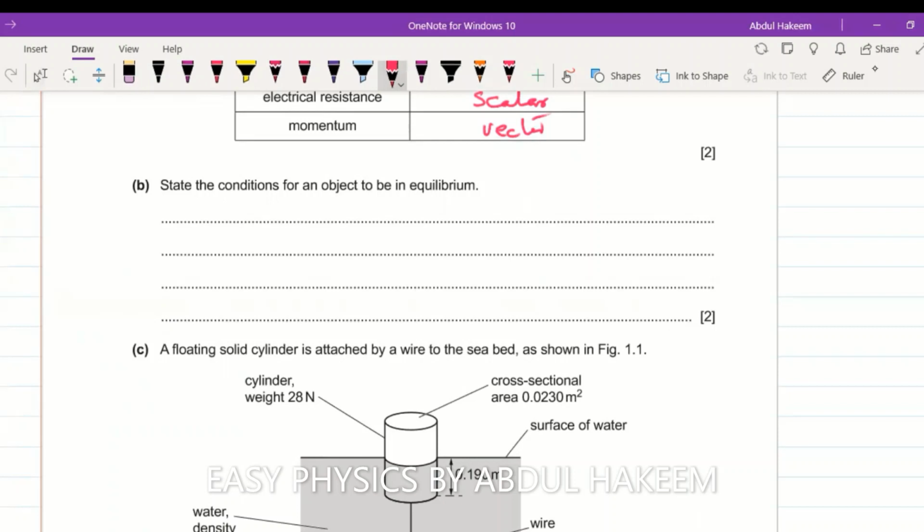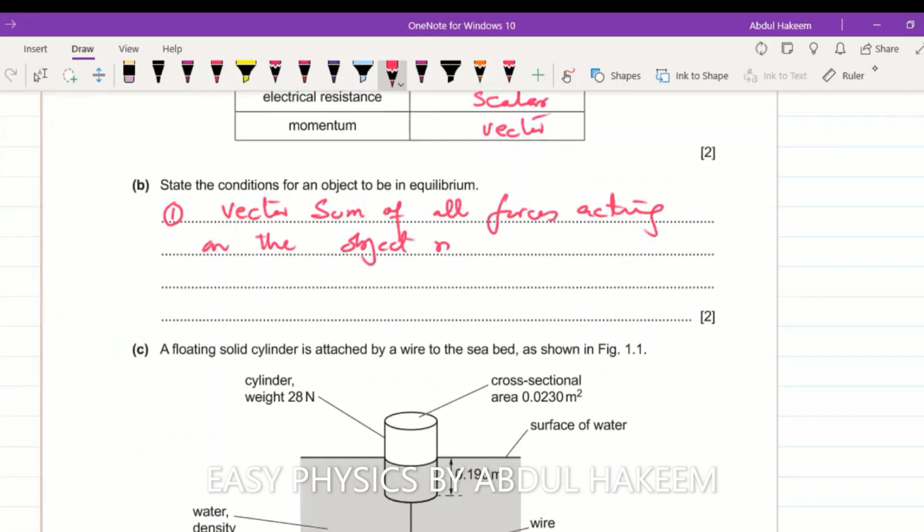So the first condition is the vector sum of all forces acting on the object must be 0. In short, the resultant of all forces must be 0.